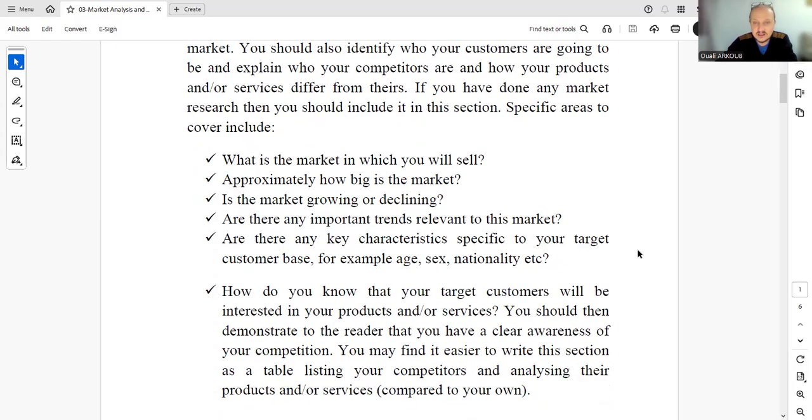How do you know that your target customers will be interested in your products and or services? You should then demonstrate to the reader, investor or manager, that you have a clear awareness of your competition.